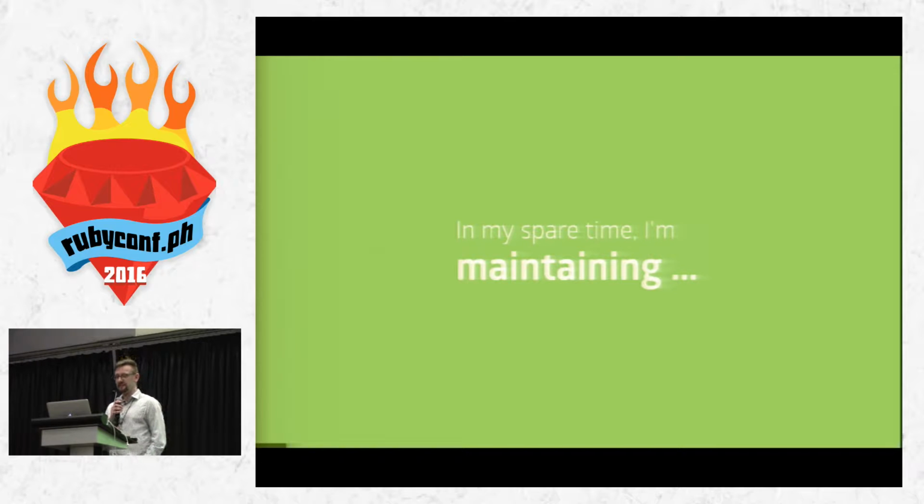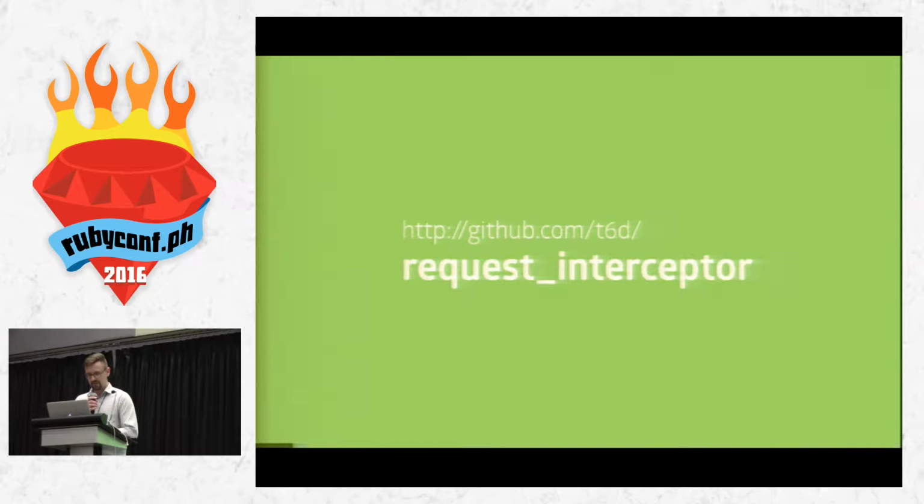Before I dive into my actual topic, I just want to quickly mention a couple of open source projects I'm working on, partially because they are actually related to this talk. I recently built a library called Untitled Chapter, which allows you to use Sinatra to intercept HTTP requests in your test suite as an alternative to Webmock or VCR.